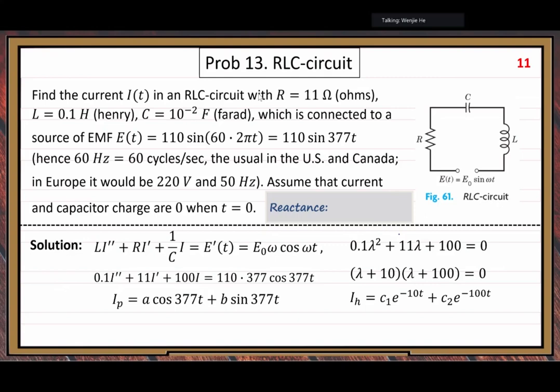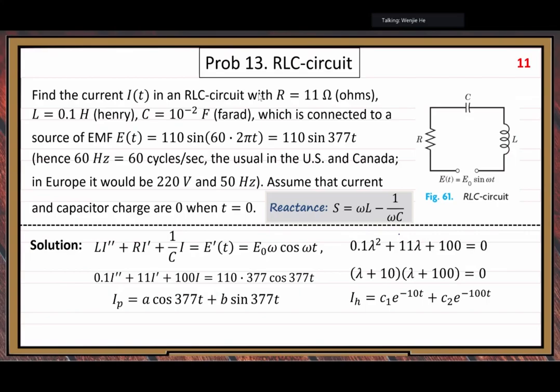Reactance is defined as capital S. Here we have omega, right? The omega given is 377, this number, 60 times 2 pi. That's omega.